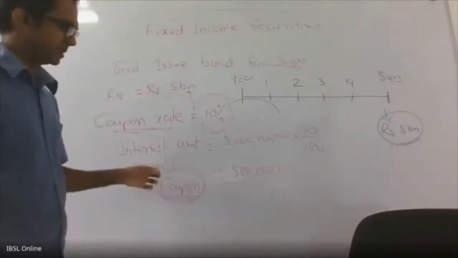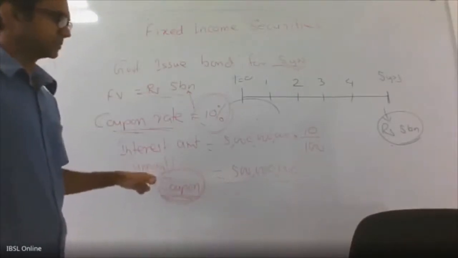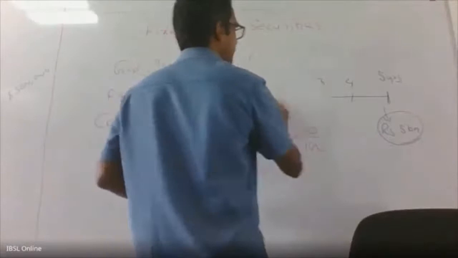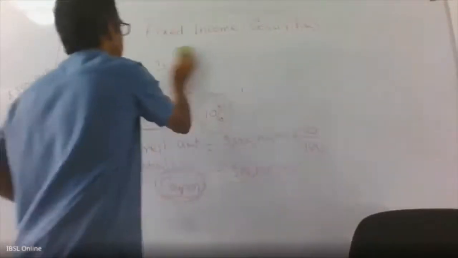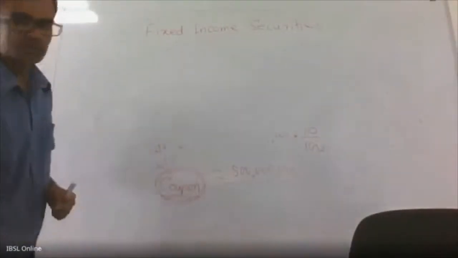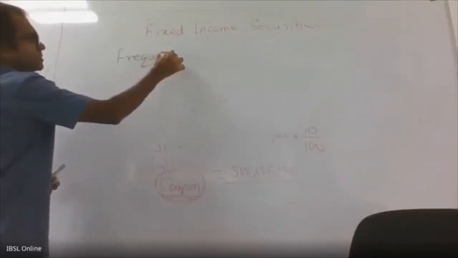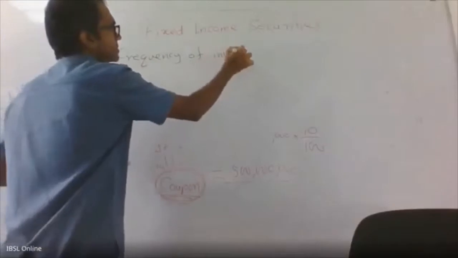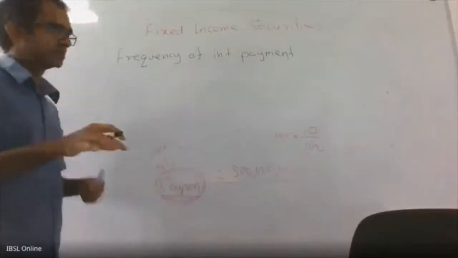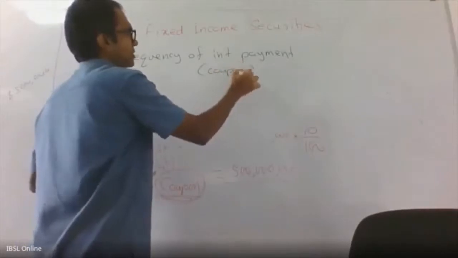Why I mention it as a period, sometimes borrower agrees to pay this interest annually. The frequency of interest payment, in fixed income language, frequency of coupon payment.